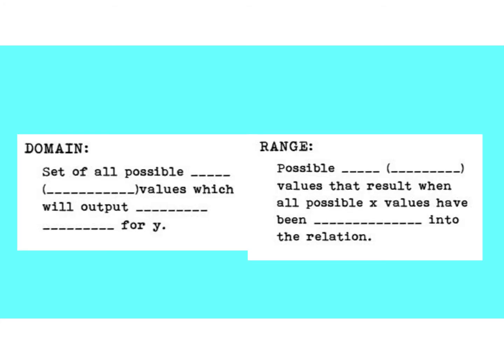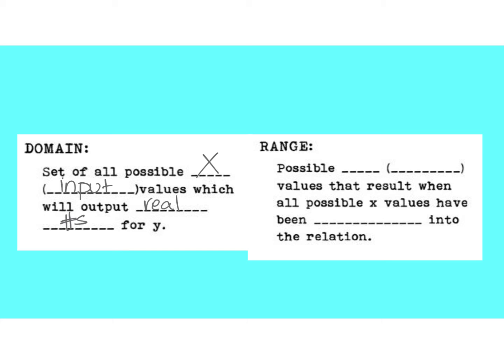All right, so let's talk about what domain and range mean again, because this is something important. So the domain is the set of all possible x values or input values, which will output real numbers for y. These are all your x's.